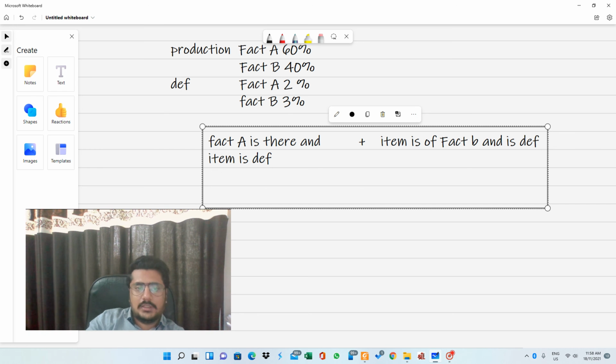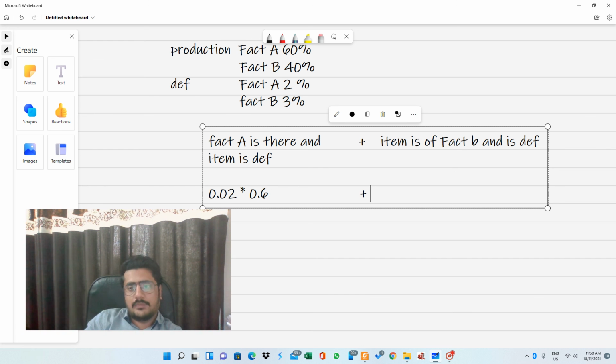Now see, if the item is of factory A and the item is defective, from factory A the probability of defective is 2%, that means 0.02. And what is the probability of factory A coming? It is 0.6. You can see 60% is of factory A. So if factory A is there, 0.6 probability will be there and the item is defective, which is 0.02.